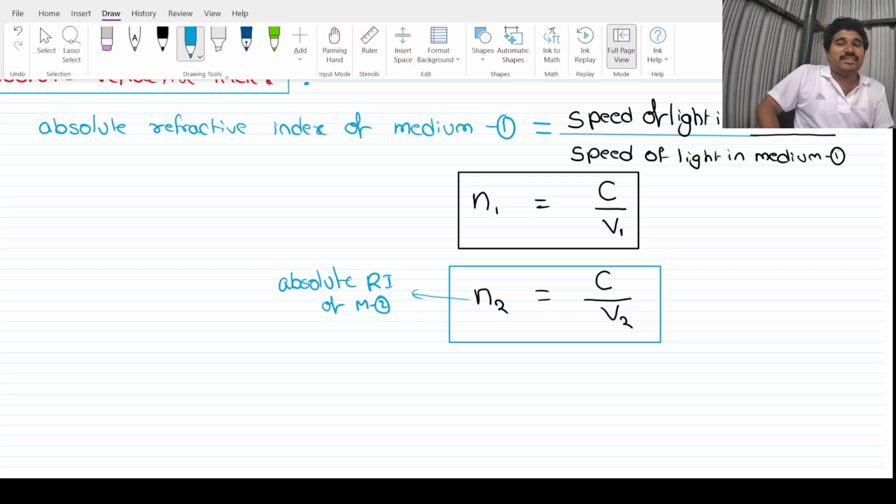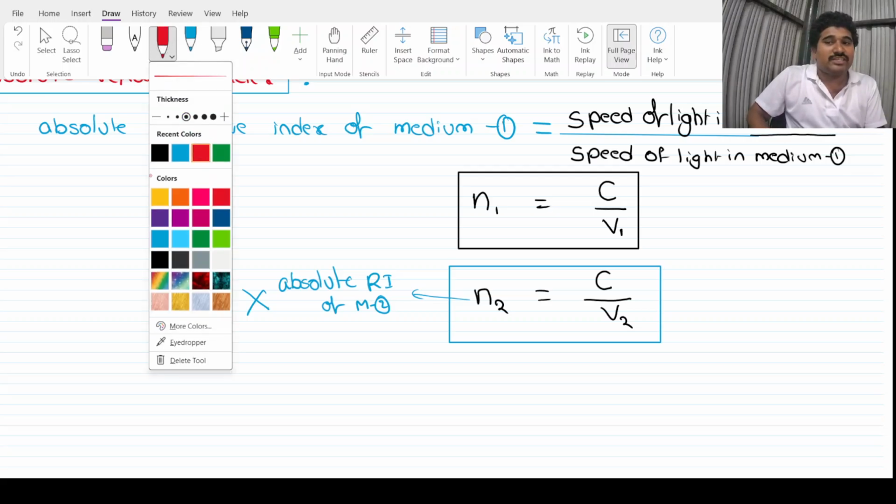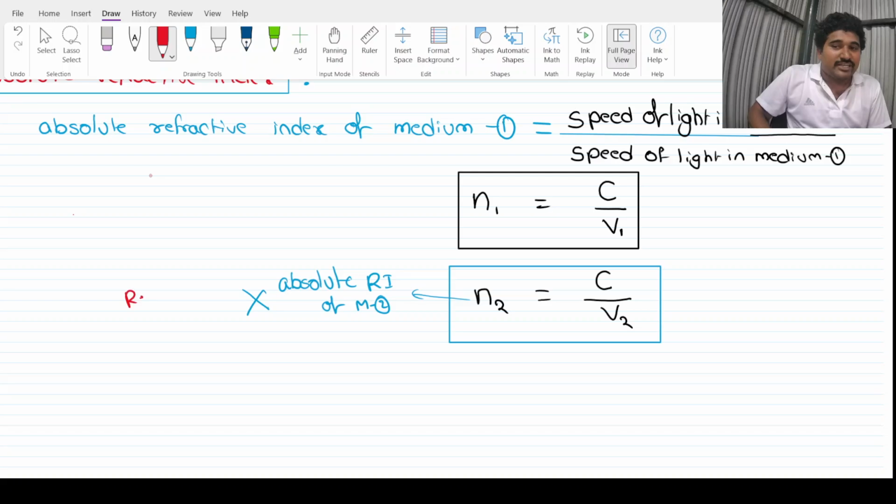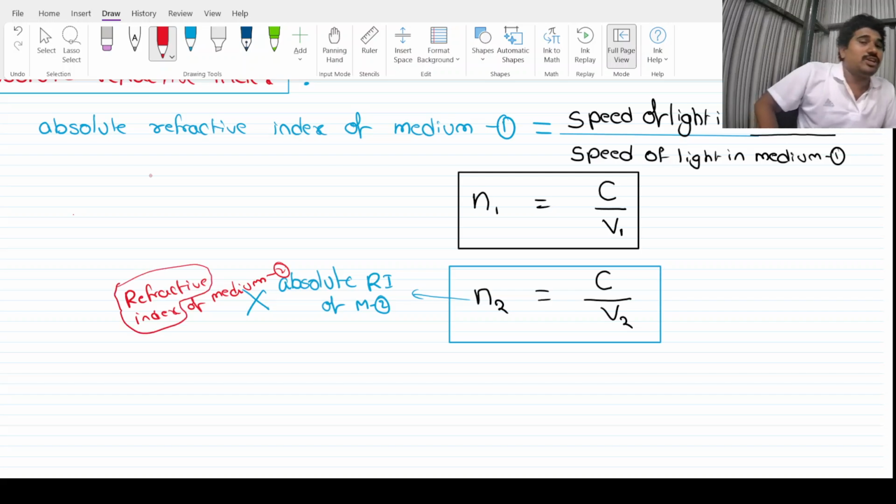Since we are lazy, we don't want to say absolute. If I say just refractive index, that means absolute refractive index only.